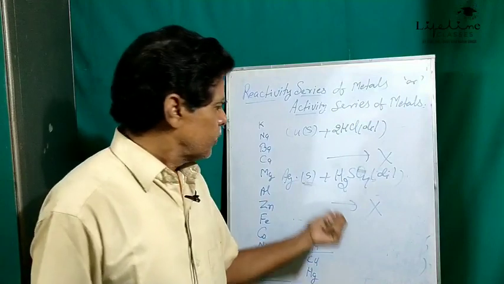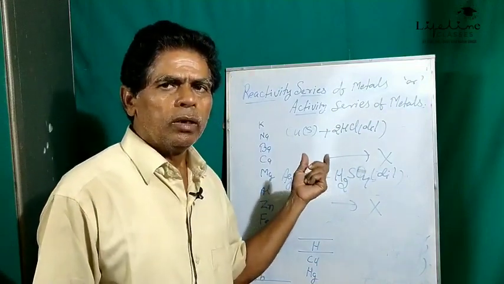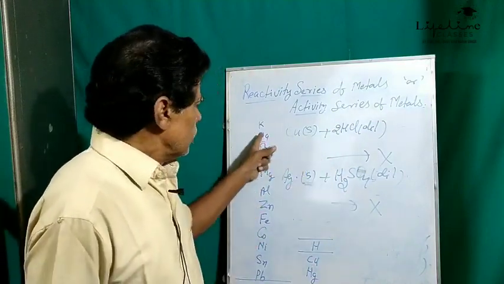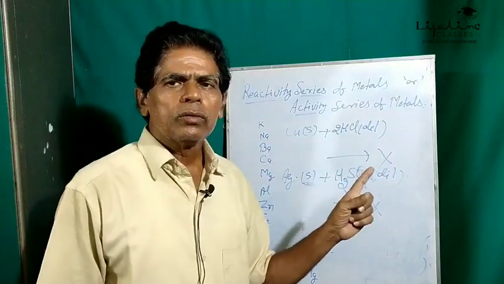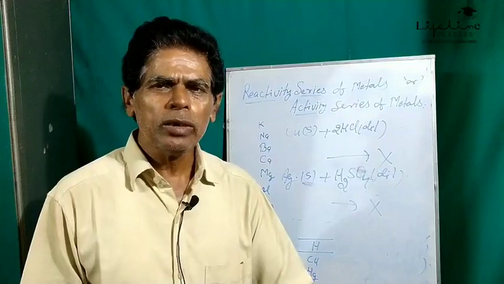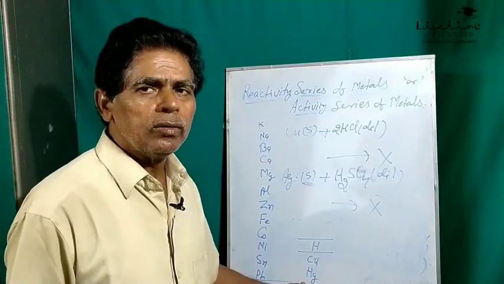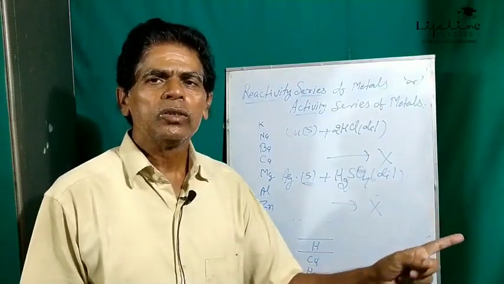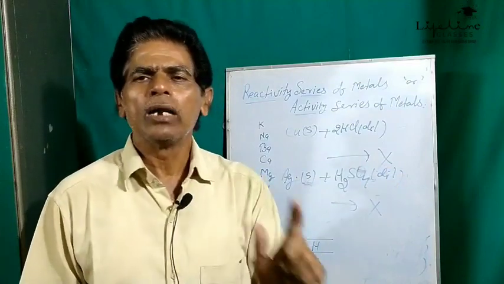Another property of the metal reactivity series is that the more reactive metals can displace the less reactive metal from its salt solution, but the less reactive metal cannot displace the more reactive metal from the salt solution.